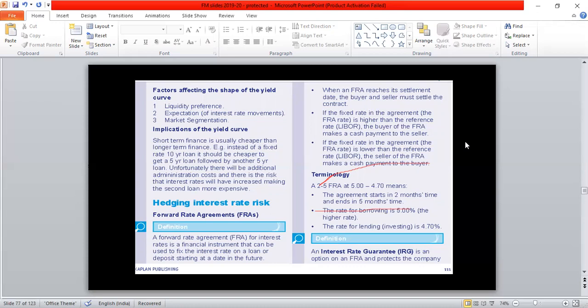We have discussed that the yield curve will take this form wherein initially it is not rising much, but as the time period extends it is rising.